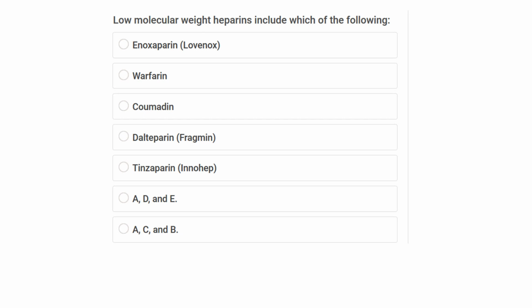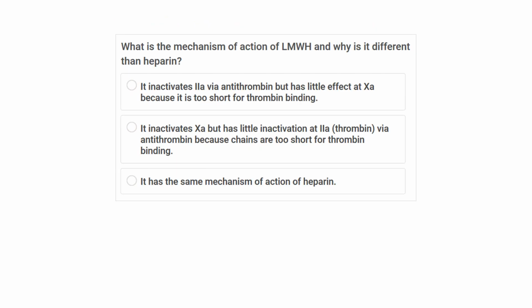Low molecular weight heparins include which of the following? This was your question in your previous lecture, so you can easily answer that as well. No difficulty. What is the mechanism of action of low molecular weight heparin and why is it different than that of heparin? I have already mentioned again and again that the difference of low molecular weight heparin is with regard to the clotting factor it is inhibiting.